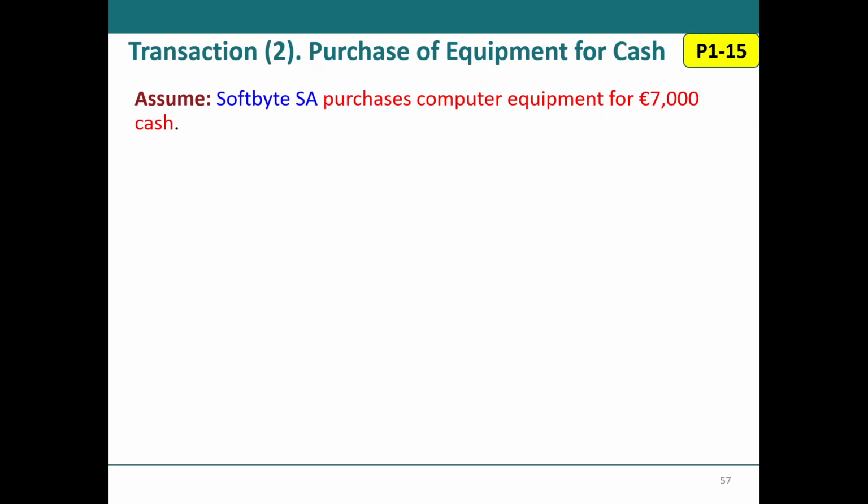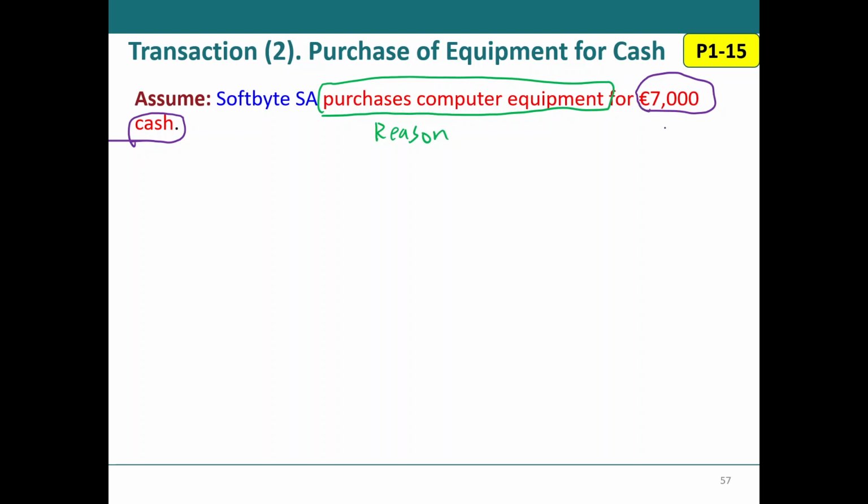Company purchased computer equipment for 7,000 cash. Based on this, what's the reason? What's the result? Purchase computer equipment. This is your reason. Because of that, what's the result? 7,000 cash. 7,000 cash means you paid the cash. So this is your result.